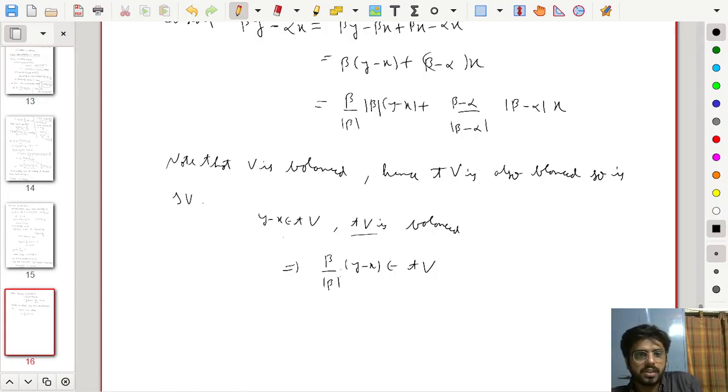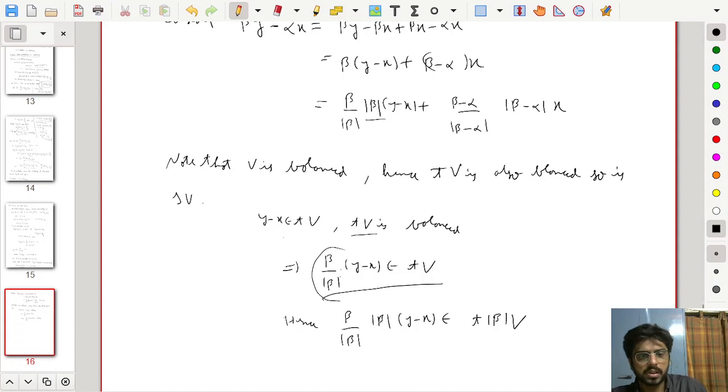And we also have this extra mod beta here, so hence beta by mod beta times mod beta times y minus x belongs to t times mod beta times V, right? Because this vector belongs to t times V, mod beta times that vector belongs to t times mod beta times V.